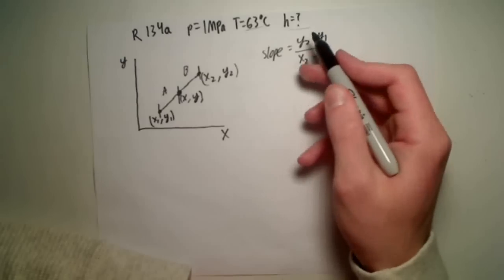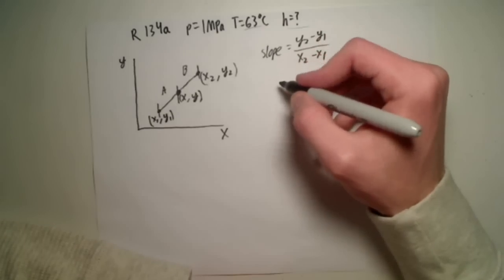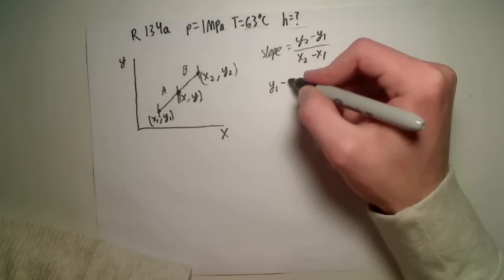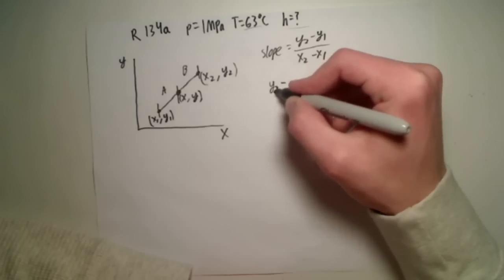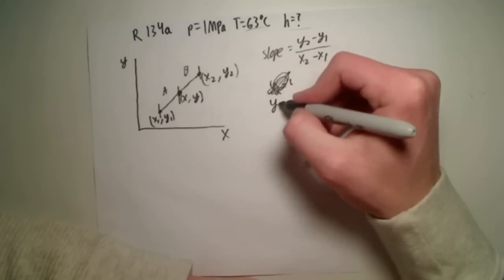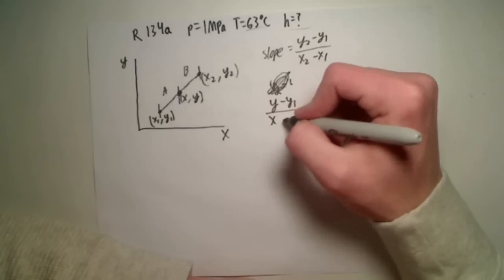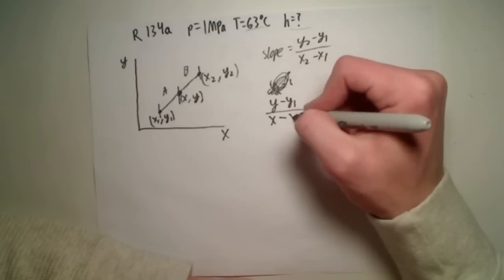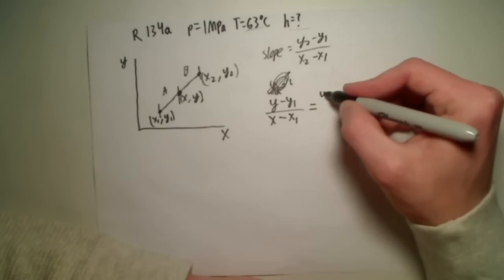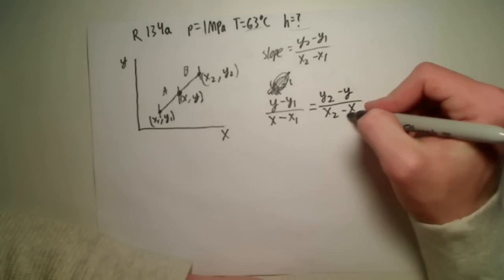So let's put it back in terms of this. That means (y minus y1) over (x minus x1) equals (y2 minus y) over (x2 minus x).